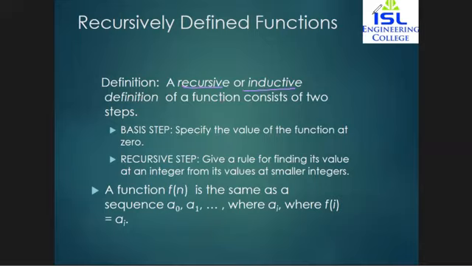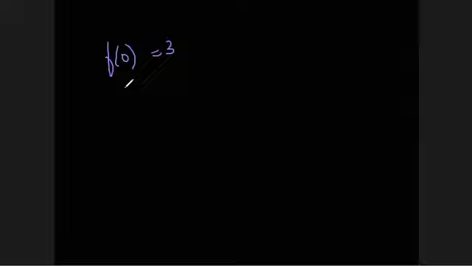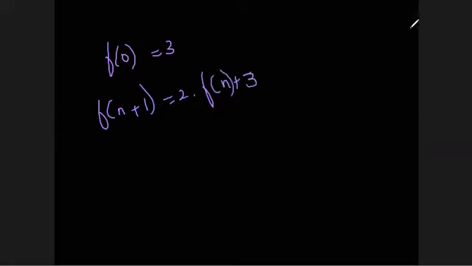Suppose the function is defined recursively with f(0) = 3 and f(n+1) = 2f(n) + 3. This is the basis step, while the other is the recursive step.